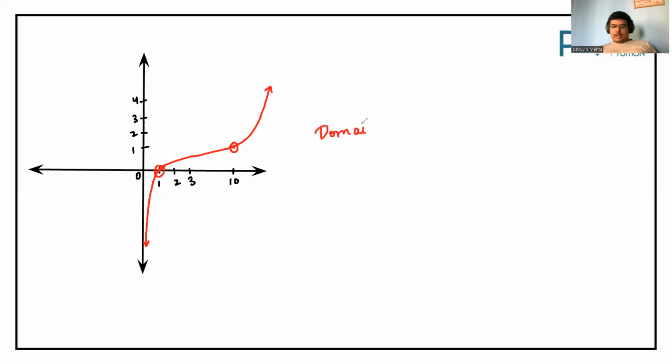Now let us take its domain and range. So what will be the domain, and what will be the range? Tell me the domain for log of x to the base a. All positive real numbers.